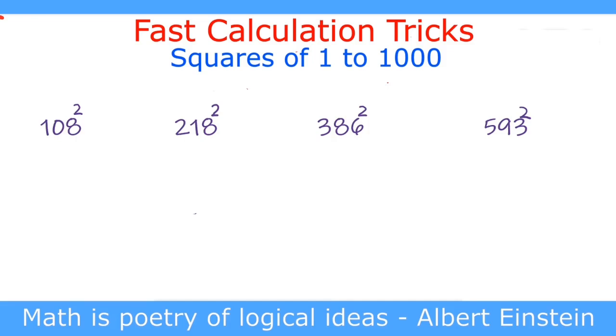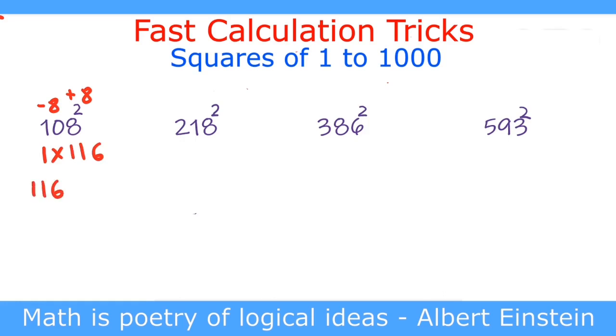So our first question is 108 square. 108 is close to 100. So we convert 108 in terms of 100. So we first write minus 8 and plus 8. 108 minus 8 is 100. In place of 100 we write 1. And 108 plus 8 is 116. So we write 116. 1 multiplied by 116 is 116.